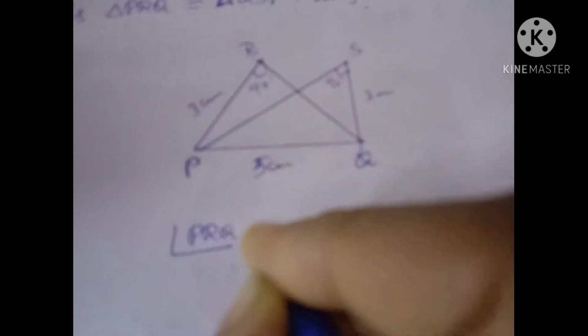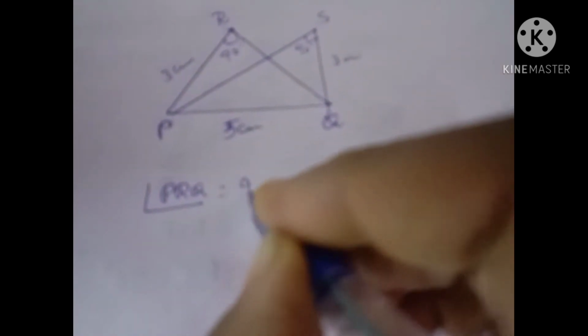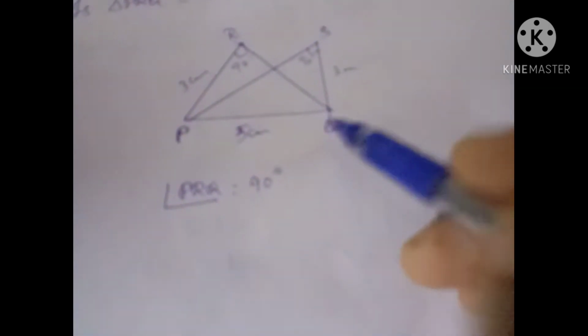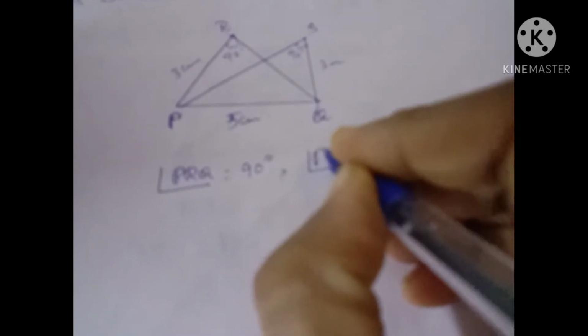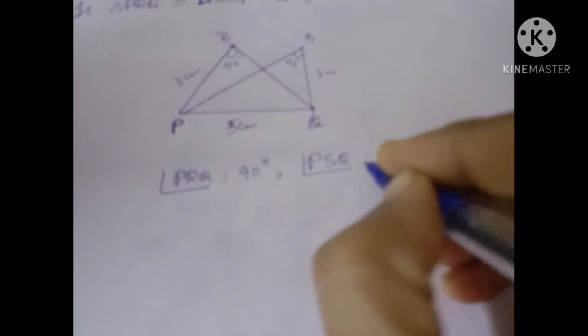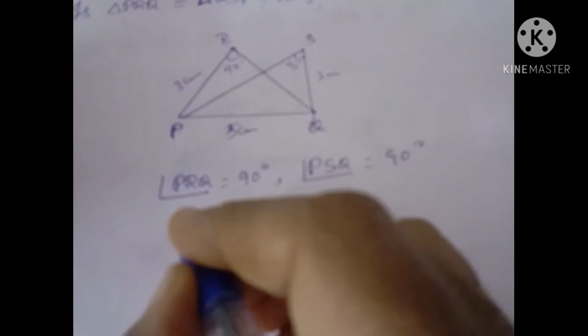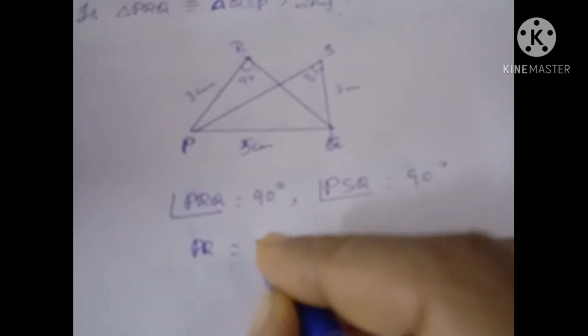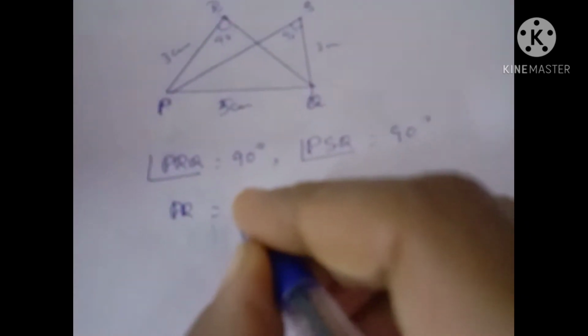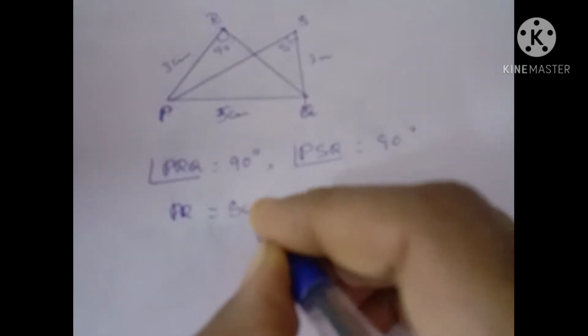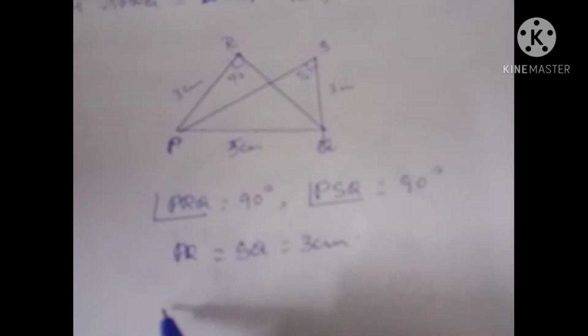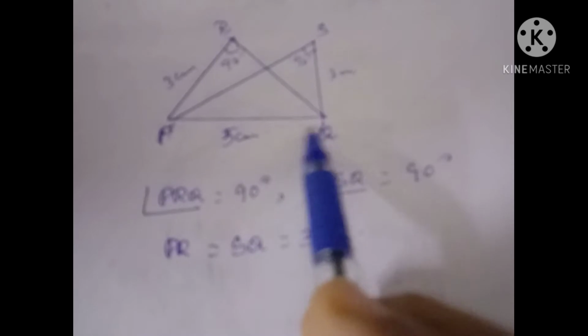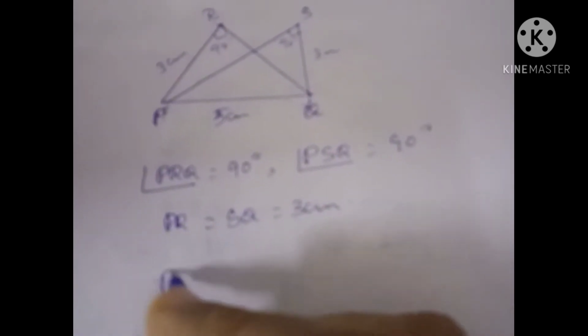Angle PRQ is equal to 90 degrees, and in triangle QSP, angle PSQ is also 90 degrees. And if you see the sides, PR is equal to SQ, which is equal to 3 centimeters. And for both triangles, the common side is PQ.